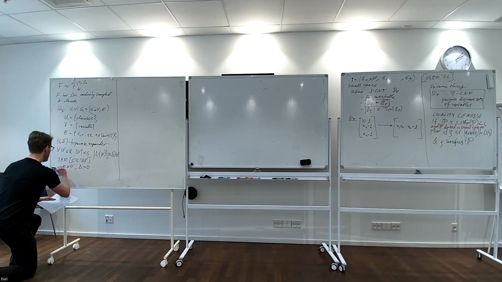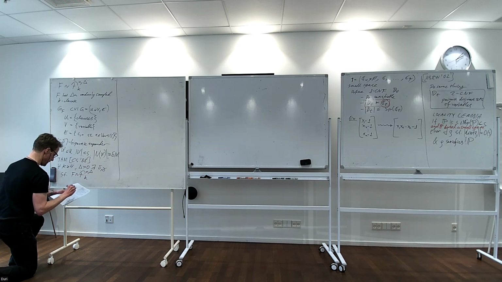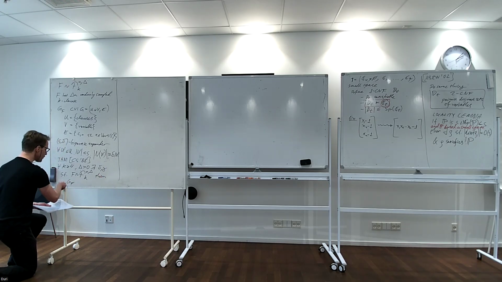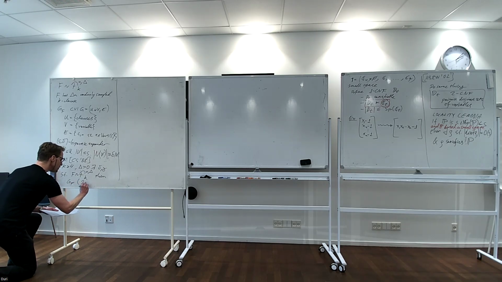Then for all such k and delta, there exist lowercase delta and gamma such that if F is sampled from the random distribution over n variables, density delta and k-clauses, and you look at the clause-variable incidence graph of F, then that will be a (2 plus delta, lowercase delta gamma n) expander.